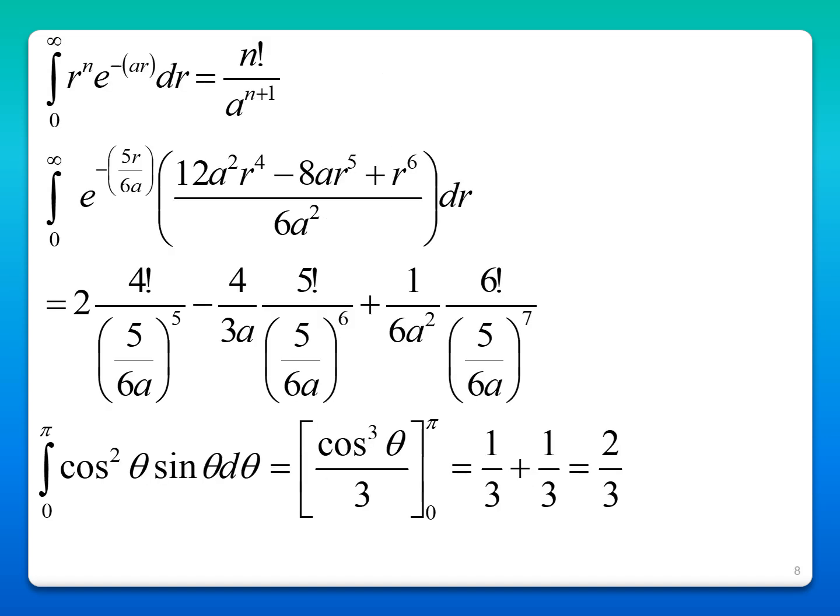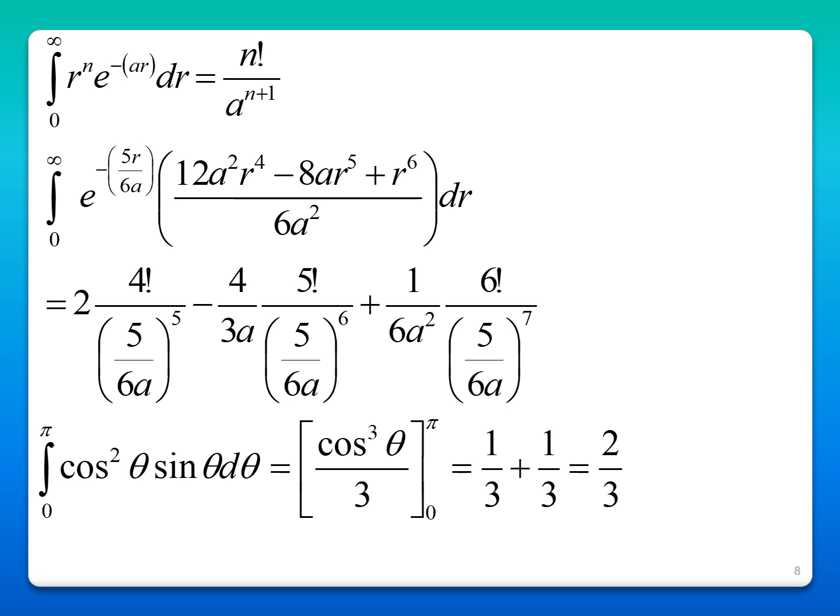For r, the integral from 0 to infinity of r power n e power minus a r dr is n factorial divided by a power n plus 1. Substituting our case, we get 2 times 4 factorial divided by (5 by 6a) power 5, minus 4 by 3a times 5 factorial divided by (5 by 6a) whole power 6, plus 1 by 6a squared times 6 factorial divided by (5 by 6a) whole power 7.